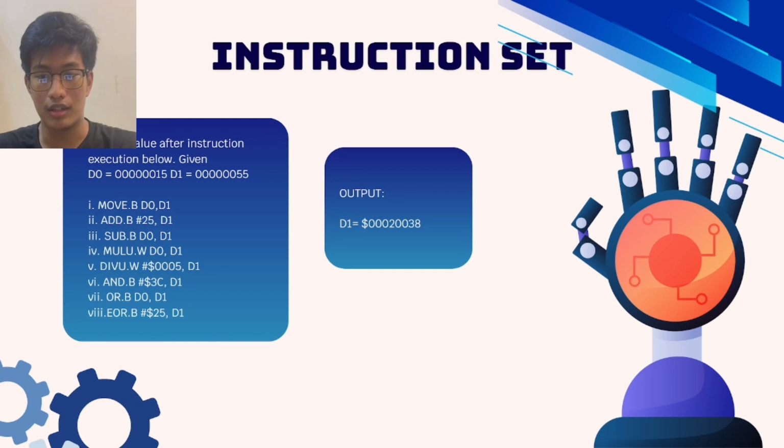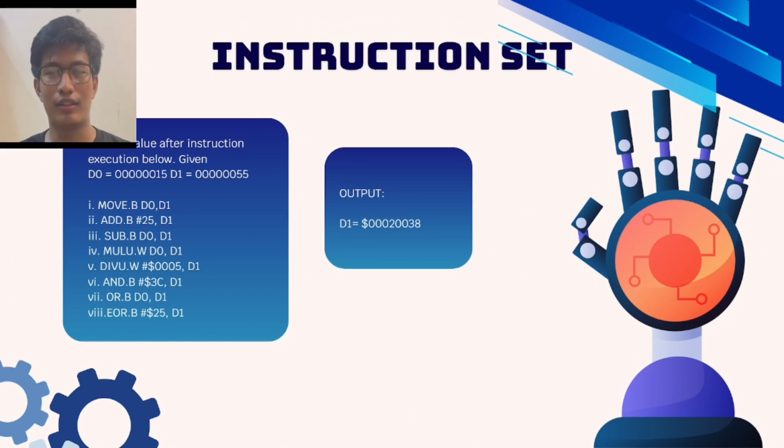Now, to perform the OR statement, we have to do 38 OR 15, which equals 00111101, which also equals 3D in hexadecimal. And the final answer will be 0002003D.